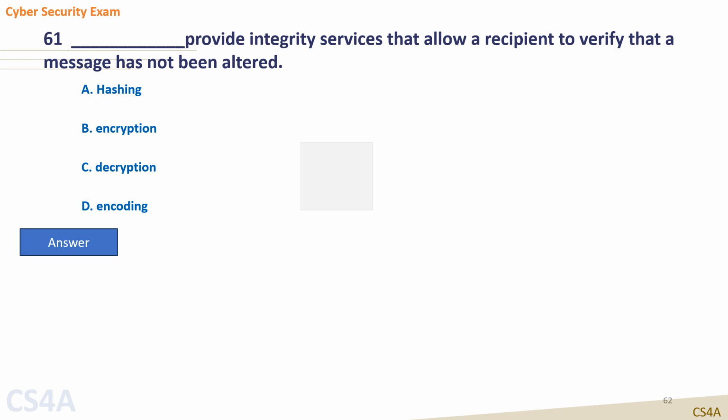The recipient can regenerate the hash value and compare the generated hash with the original hash. If both are the same, then you can conclude that the message is not tampered. So hashing is the correct answer. Encryption, decryption, and encoding won't provide integrity. So A is the correct answer.